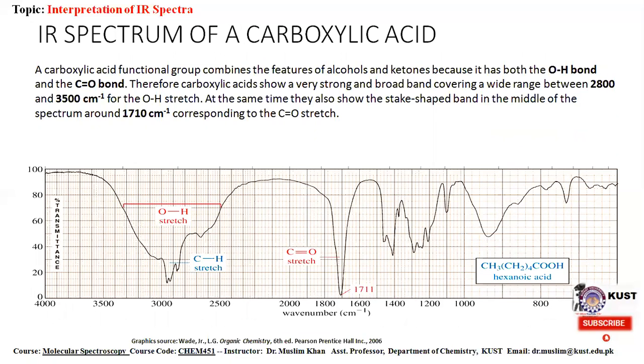IR spectrum of carboxylic acid. The carboxylic acid functional group combines the features of alcohol and ketone because it has both the OH bond and the carbonyl bond. Therefore, carboxylic acid shows a very strong and broad band covering a wide range from 2800 to 3500. This is typical for carboxylic acid.